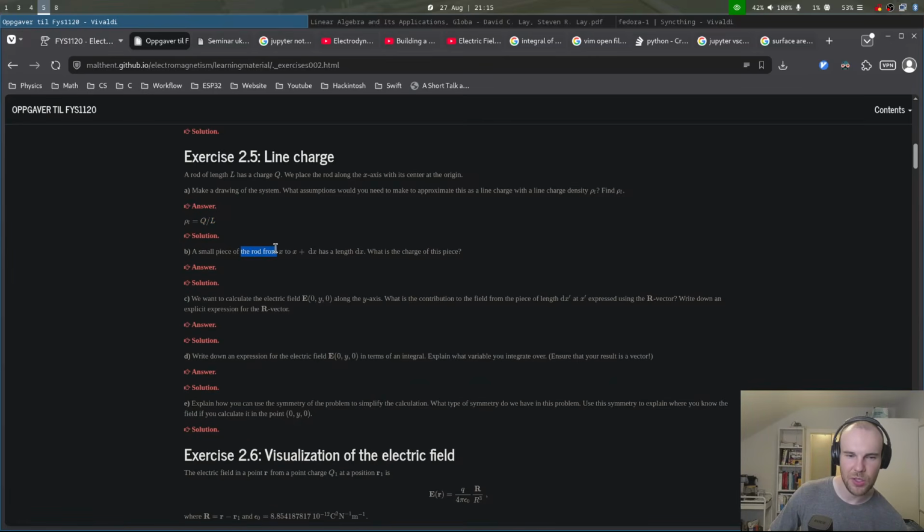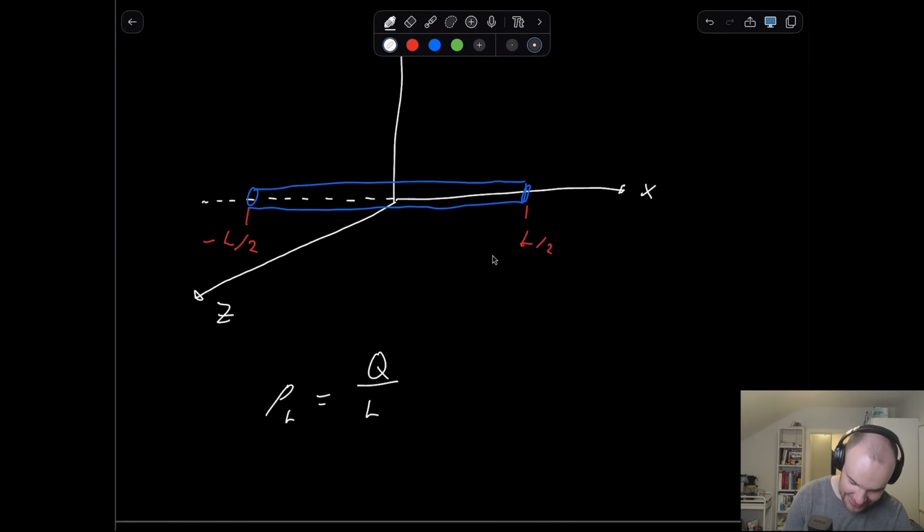Then a small piece of the rod from x to x plus the axis length dx. What is the charge of this piece? So what we have for that piece is that we are at some x here, and then we are at some x plus dx there, right? So this part is dx, right? Okay, and dx is of course just dl here.